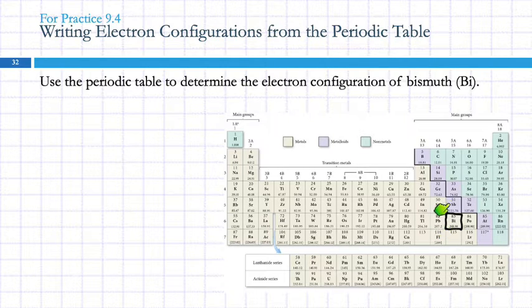So we're going to go up to the previous row and go to the end. This is the noble gas that comes just before bismuth. So we're going to start with xenon. So we put this element symbol for xenon in brackets. That is representing the electron configuration of xenon.